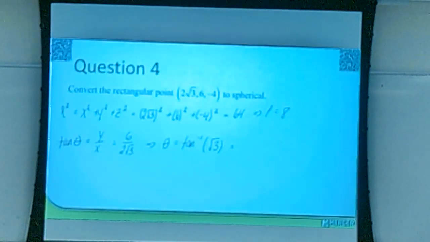How is tangent defined in terms of sines and cosines? What angle is sine equal to root 3 over 2 and cosine 1/2? So what's the inverse tangent of root 3?